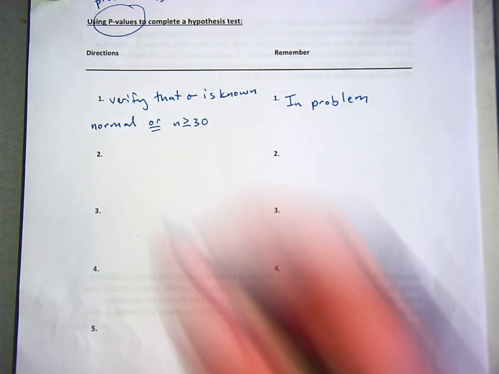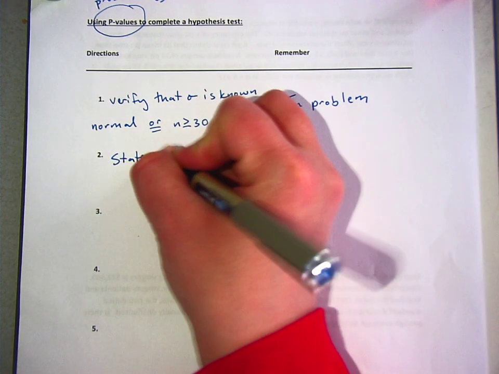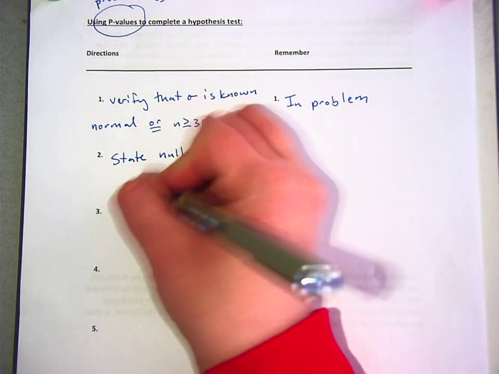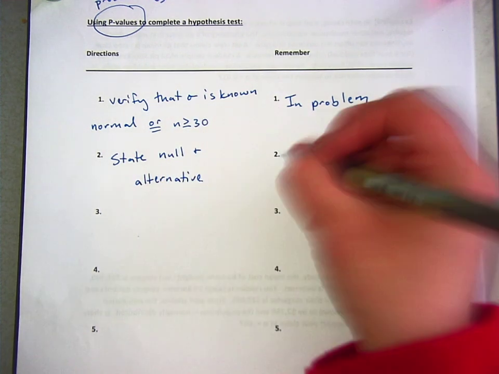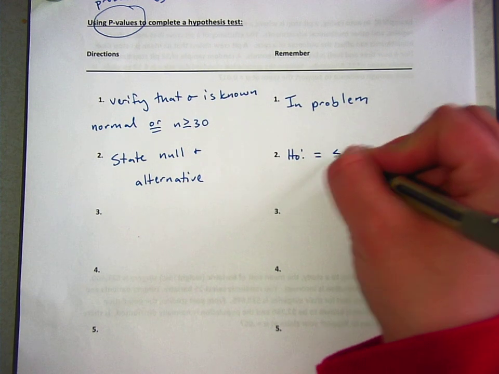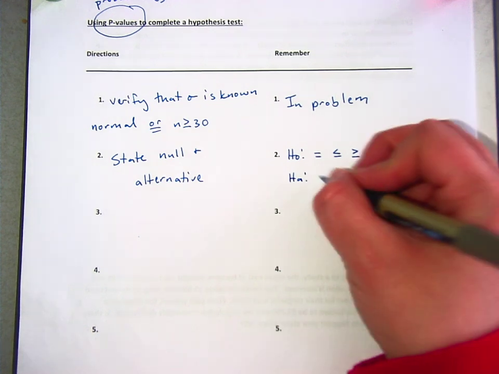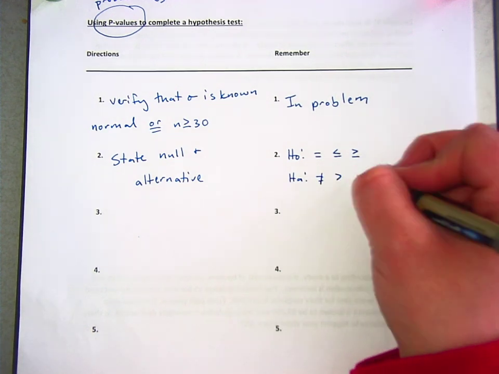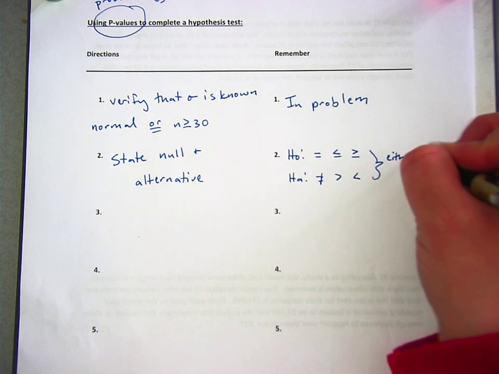Next up is stating the null and alternative. Remember that H sub 0 has your equals to, or less than or equal to, or greater than or equal to, where H sub a is not equal to, or greater than, or less than, and either can be the claim.